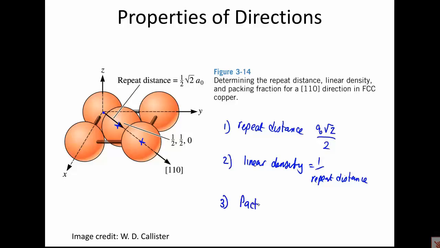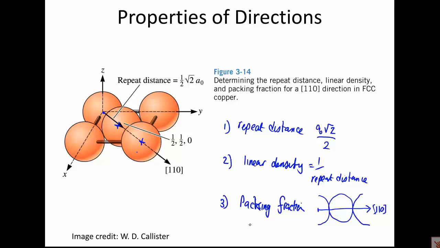And 3, the packing fraction. The packing fraction in the 110 direction is 1, because if I were to draw a line where this represents the 110 direction, here's the origin, we will see the extent of the first atom here, of the second one here, and this third one right there.